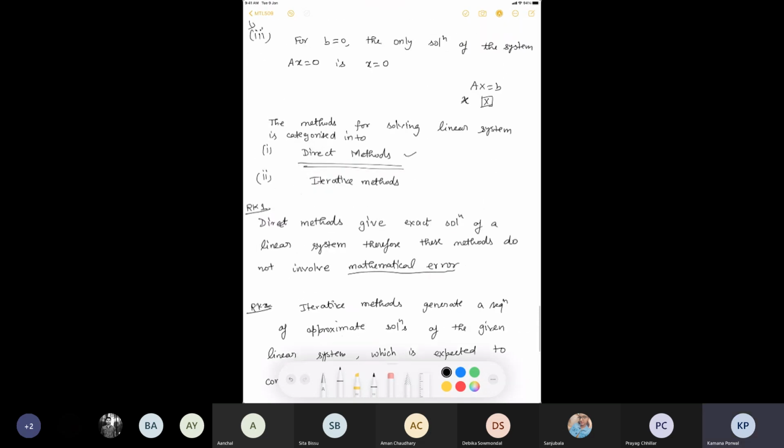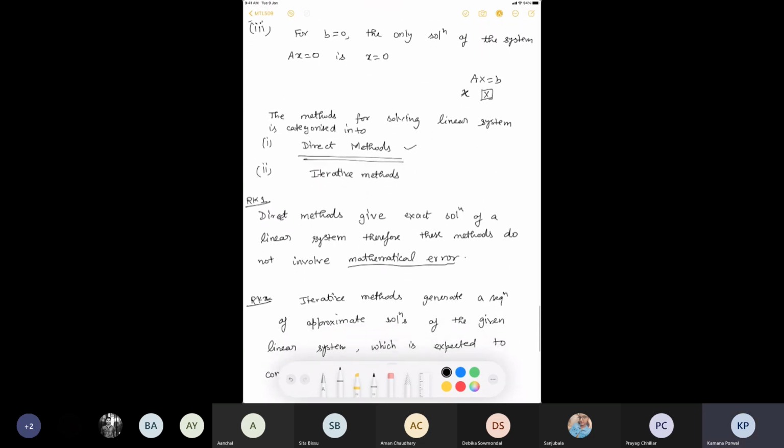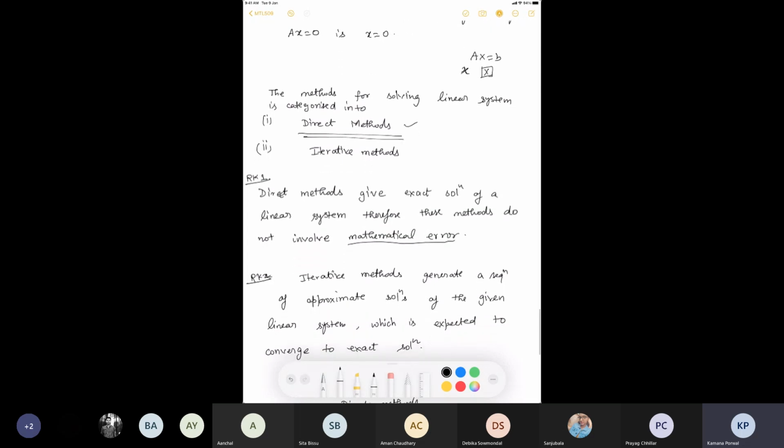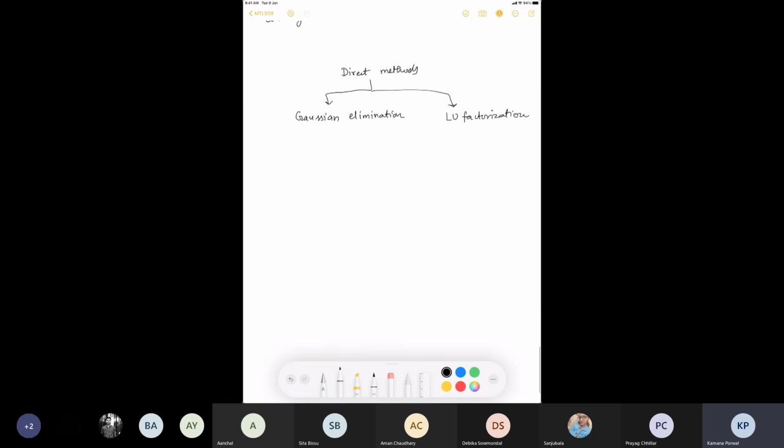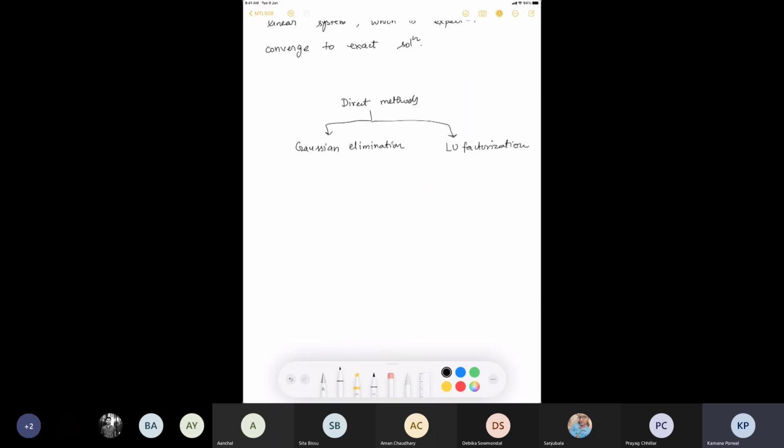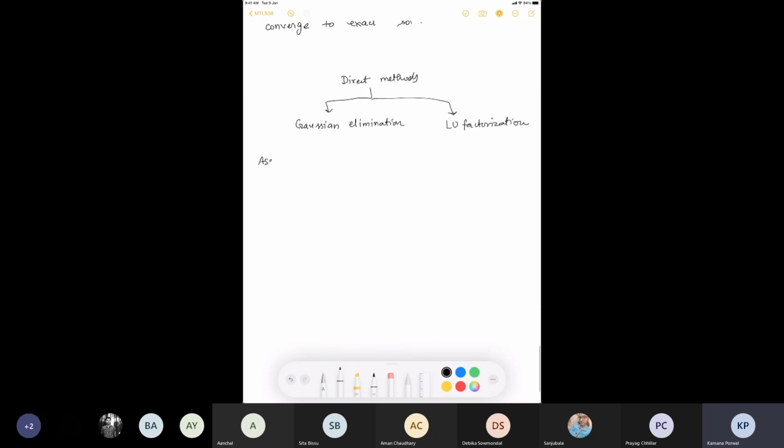Let me take one more assumption: I'm going to assume that the matrix A is invertible unless I specify otherwise.